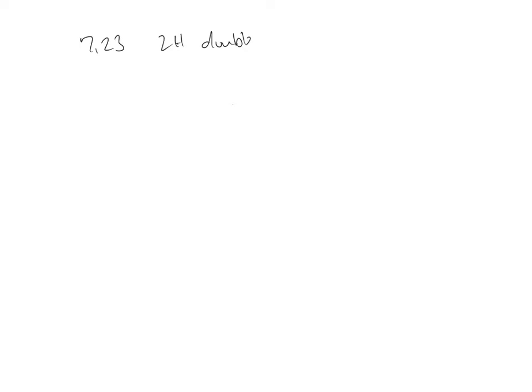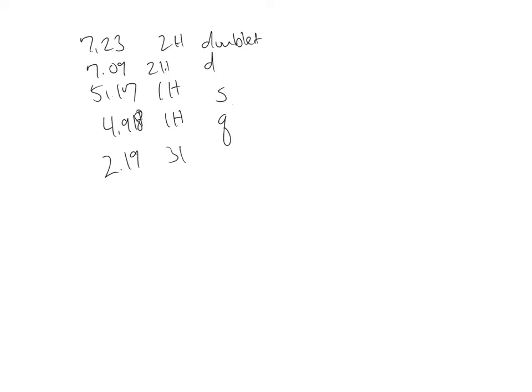We have 7.23, 7.09, 5.17, 4.9H. And then we have our IR and our formula.